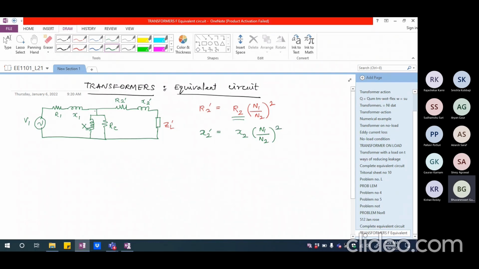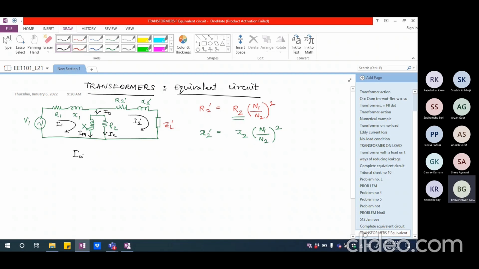Now we said that this current, what is flowing through the no load branch, let us say this is IM and this is IC, and the summation of these two I called I0, and I called this current I2 dash, and when we added I2 dash and I0 together, this was I1, right?